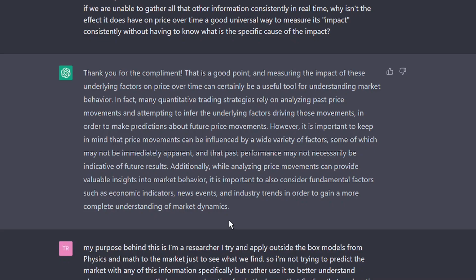However, it's important to keep in mind that price movements can be influenced by a wide variety of factors, some of which may not be immediately apparent, and that past performance may not necessarily be indicative of future results. Additionally, while analyzing price movements can provide valuable insights into market behavior, it is important also to consider fundamental factors such as economic indicators, news events, and industry trends in order to gain a more complete understanding of market dynamics.